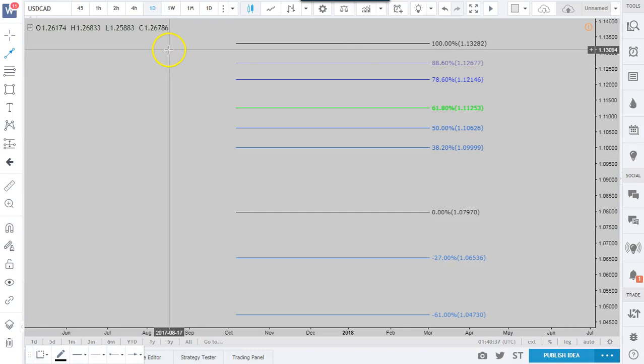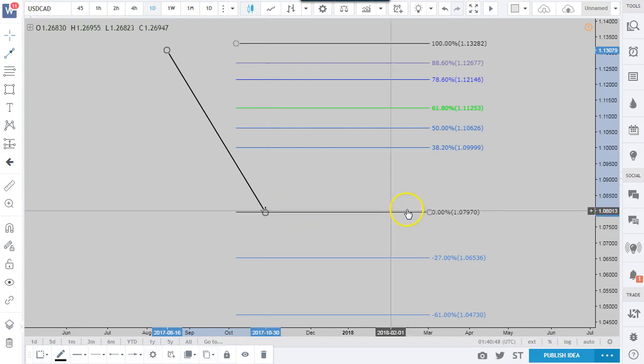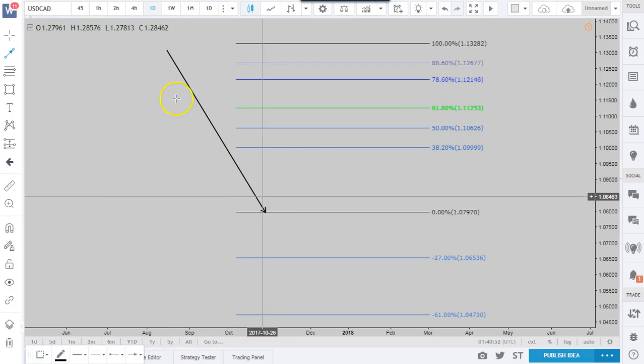Let's say we were following a trend continuation, and the market happens to bounce at the 0.0% Fib level, and then price was dropping at a faster pace, we expect this move.